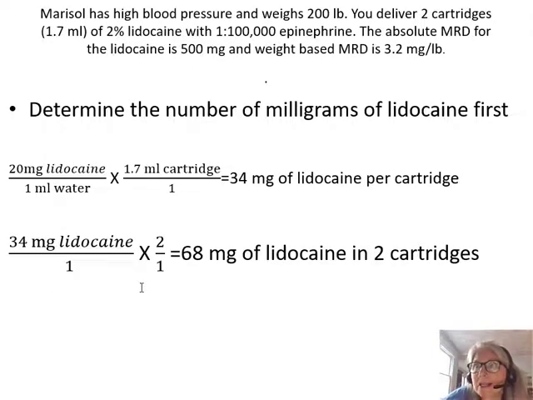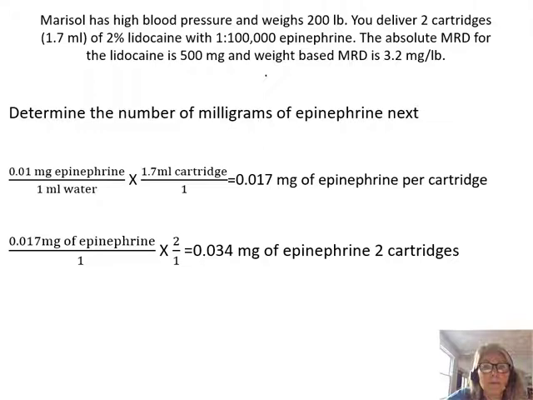And now we have to go back to see how much we've actually given her. So 2% again, 20 milligrams of lidocaine multiplied by 1.7 milliliter cartridge, 34 milligrams of lidocaine per cartridge. How many did we deliver? We delivered 2. Multiplied by 2, 68 milligrams of lidocaine in 2 cartridges.